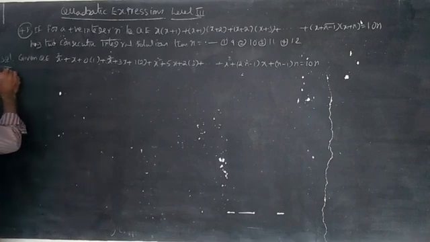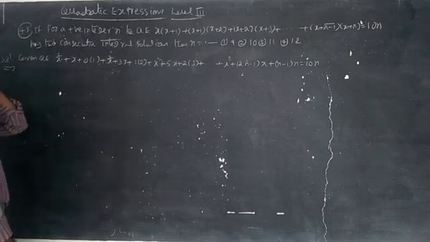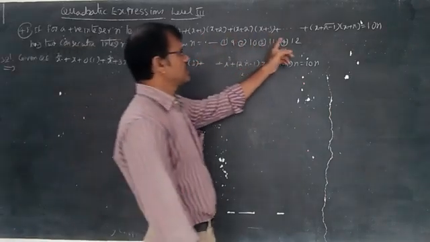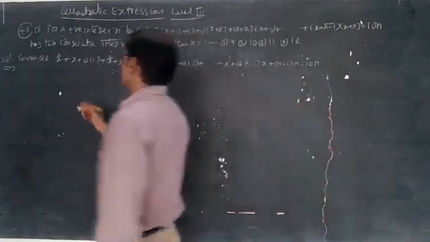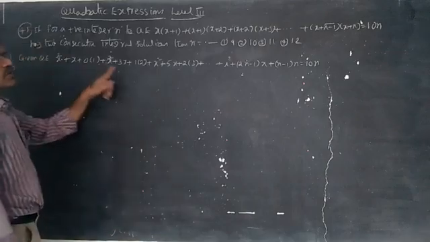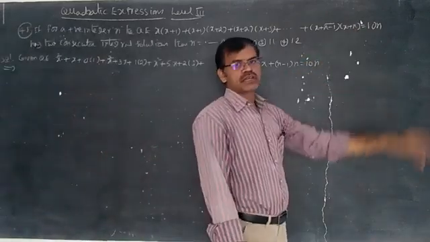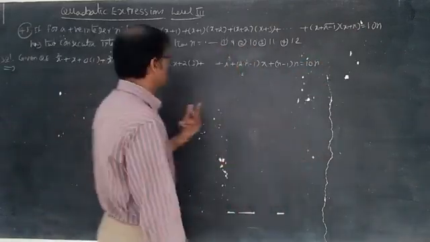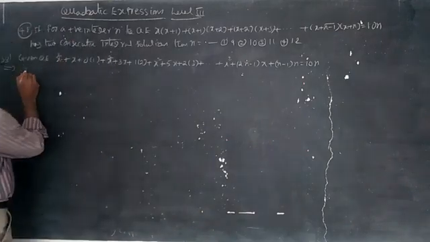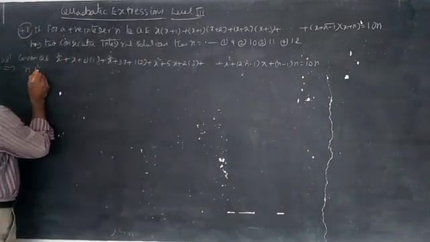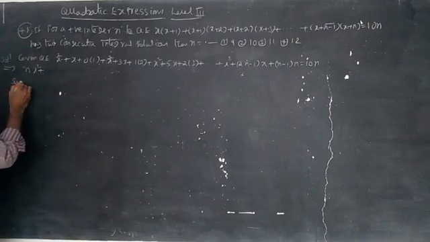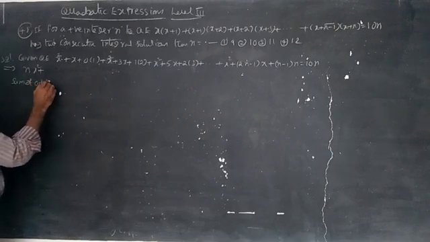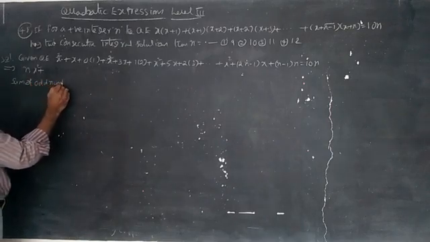Now here we have 1 into 2, 2 into 3, 3 into 4, at last (n minus 1) into n. Totally n terms are there, so n x square terms are there. Plus, I am making you remember a formula: the sum of odd numbers.